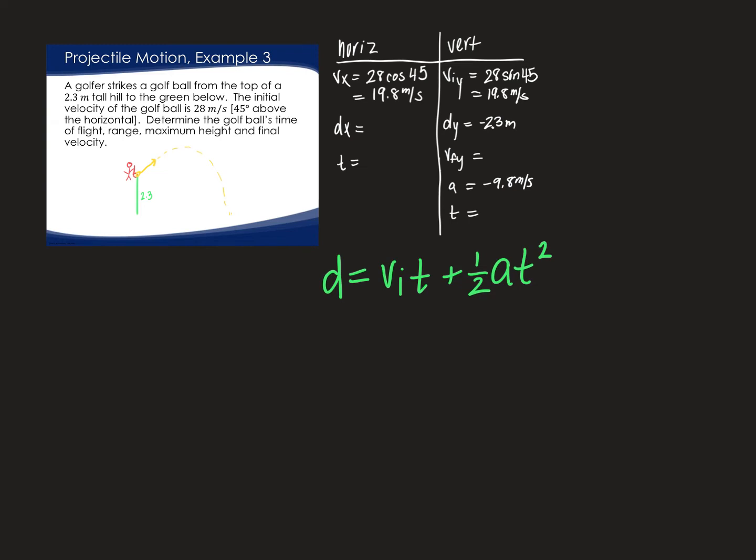Okay, so dy is negative 2.3, equals ViY, 19.8 t, plus 1/2 times negative 9.8 times t squared.